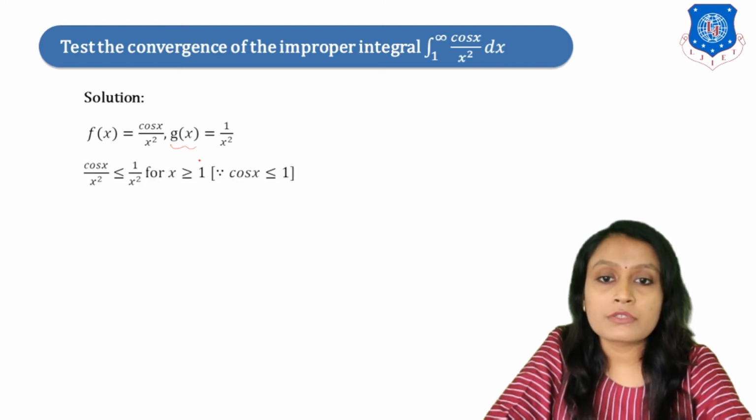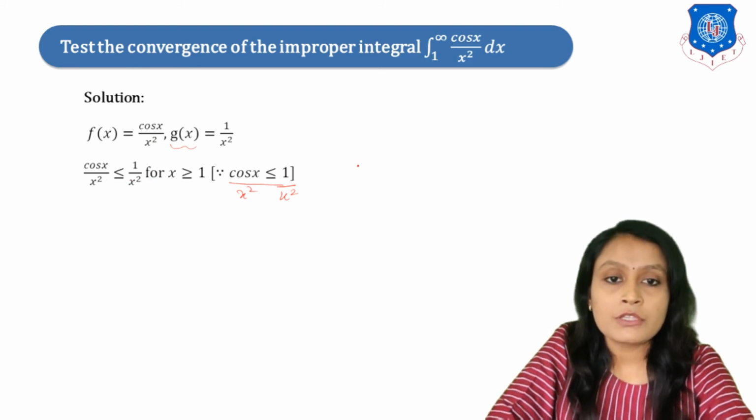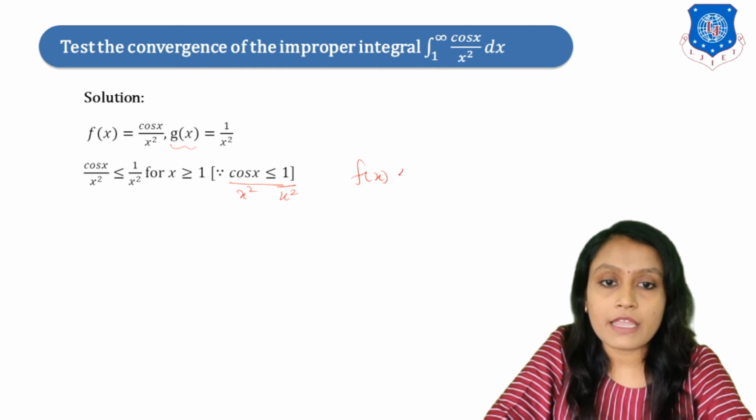Okay, why are we supposing g(x) as 1 upon x square? Because we know that cos x is less or equal to 1. So if you divide both sides by x squared, you will get the condition that cos x upon x squared is less or equal to 1 upon x squared. So we have this form that f(x) is less or equal to g(x).